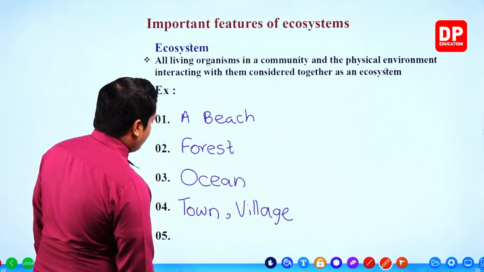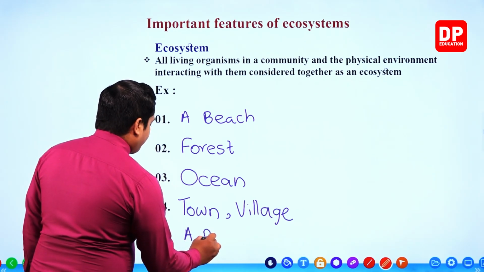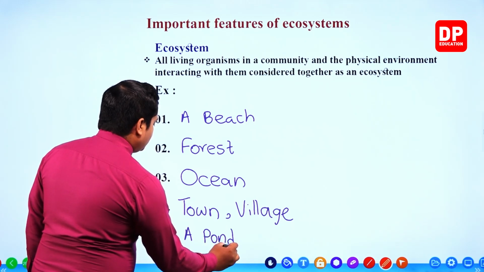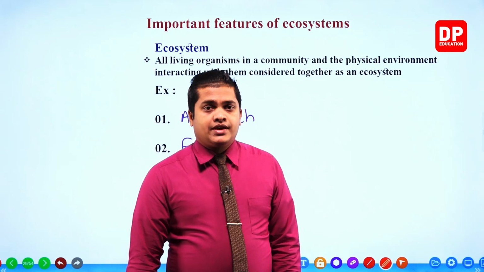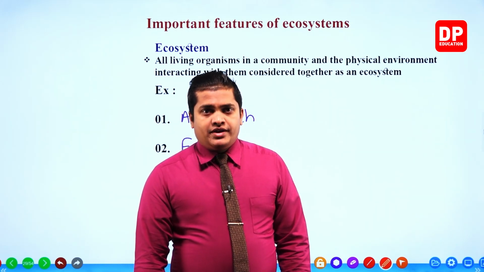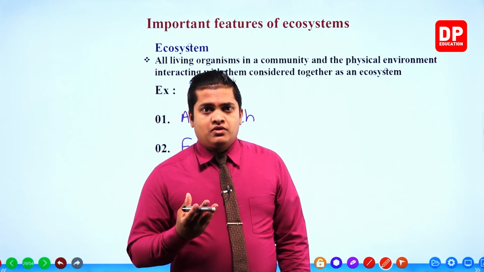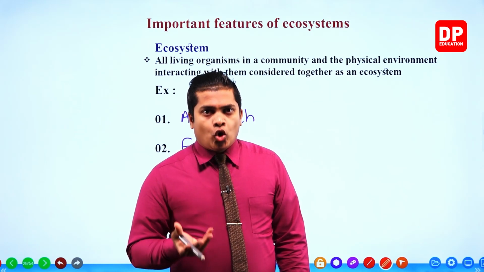We'll write another aquatic environment like a pond. If you take a pond, even in your home garden there can be a pond, right? Within a pond, my dear children, you can observe different types of fish. Then you can observe water.